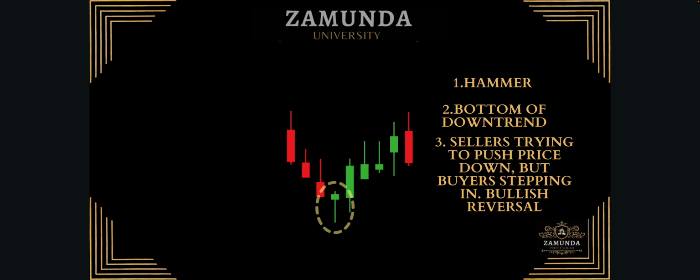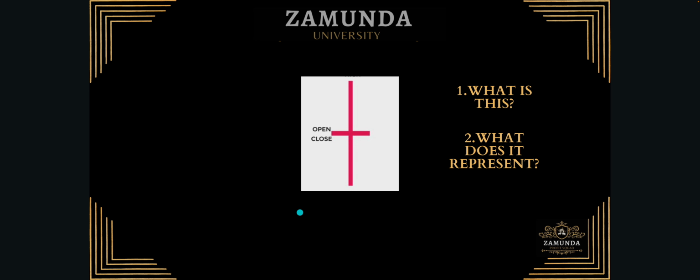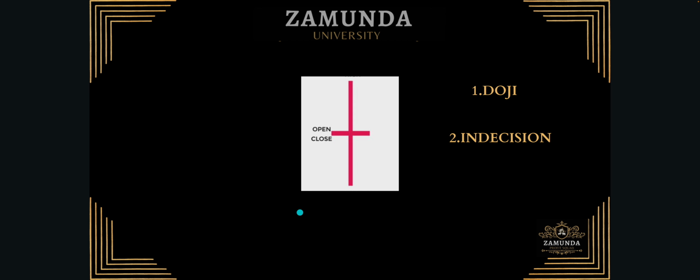It signals a bullish reversal. So what is this and what does it represent? It's a doji. It represents indecision. Usually the next candlestick sets the tone for the next trend.